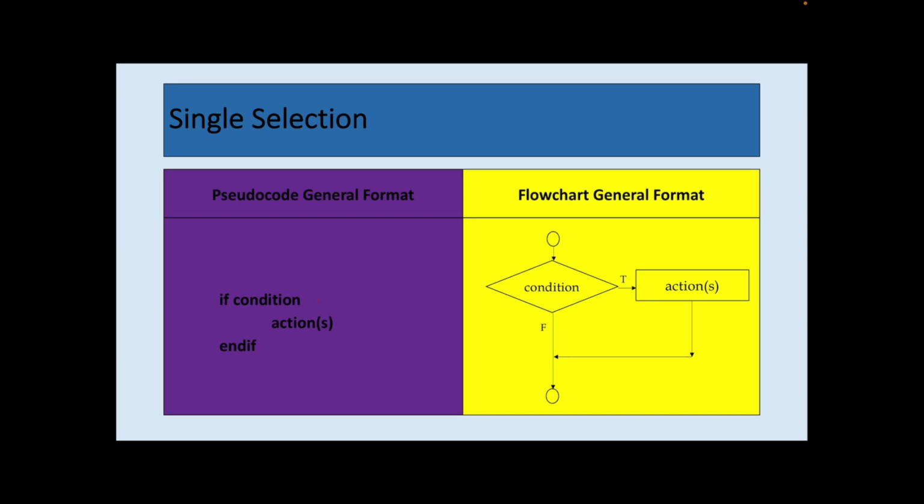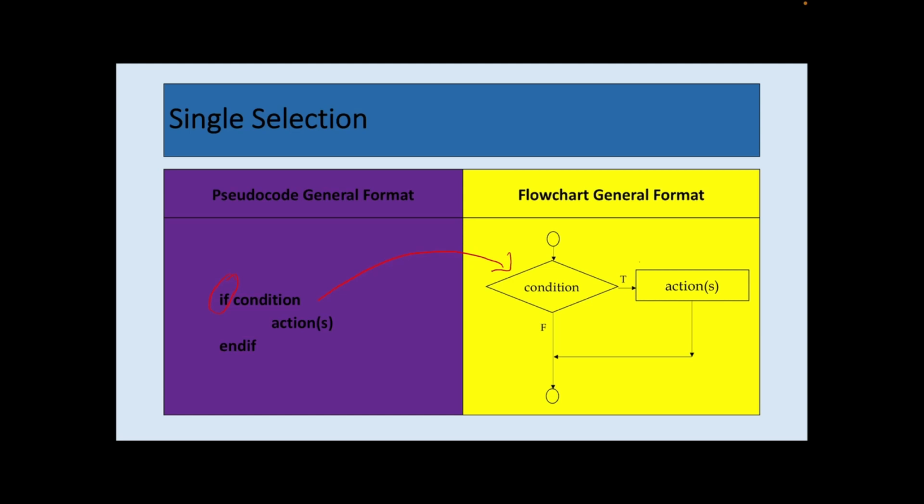Okay, so as you can see here, we have if followed by the condition, and after that followed by the action statements, and then an endif. If you convert it into a flowchart, the condition we put in the diamond shape, but we do not have to write the if statement in the diamond shape.